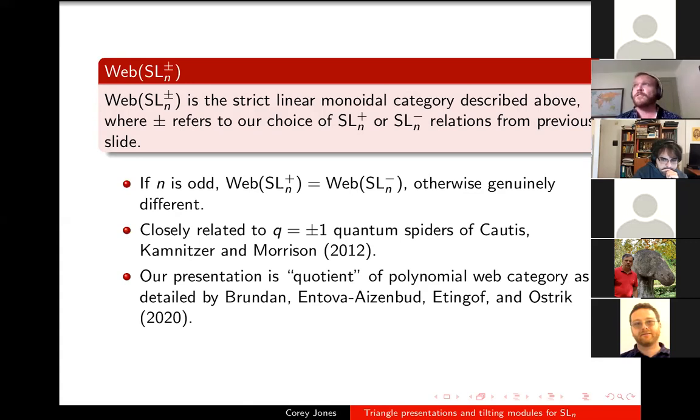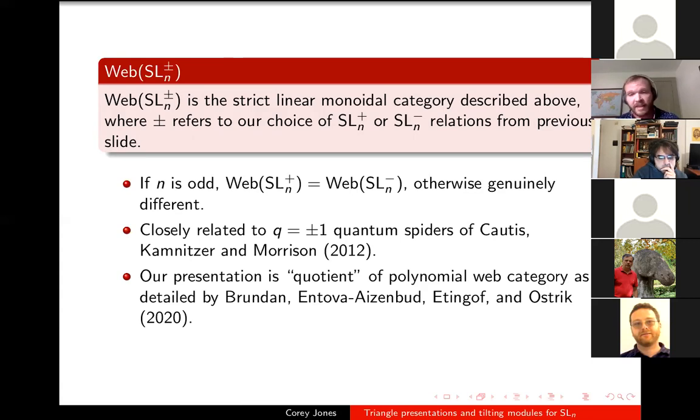But unfortunately, I think that pivotal structure doesn't agree with the pivotal structure on the q equals minus 1 web categories. So I believe they're the same as monoidal categories, but the pivotal structure gets in the way. It's hard to unpack and see directly, but something like that should be true.